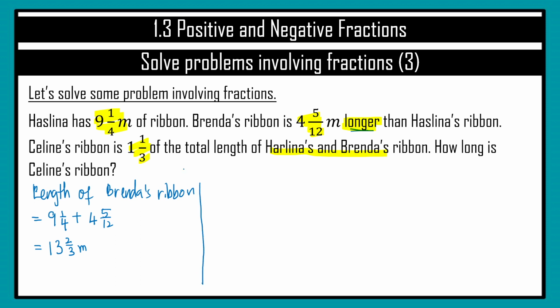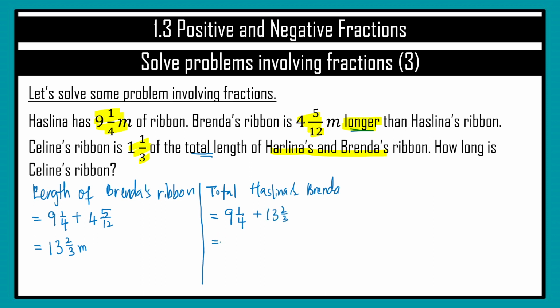The second one that we need to find out is how long is Celine's ribbon. It says here total length, so we need to find out the total length from Haslina and Brenda. I know that Haslina has 9 1/4 meters, plus the length that we have just learned from Brenda, which is 13 and 2/3.